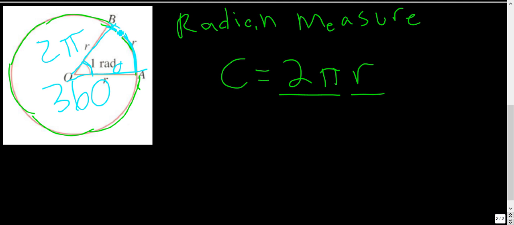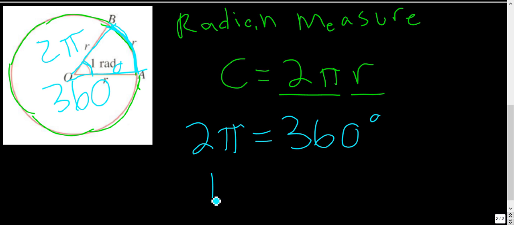Okay, so that's what it's called. We start to see this measurement show up quite a lot, and I'll talk about it extensively. But ultimately, 2 pi is the same thing as 360 degrees. So 1 pi, which we use a lot, is the same as 180 degrees. So you're going to see some weird angles listed, like pi over 3.